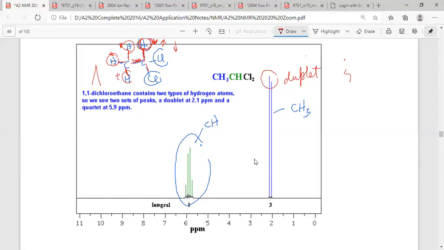That's 1, 2, 3. So these 3 here will be the adjacent ones. This one here will see these 3 here. How many are there? 3.